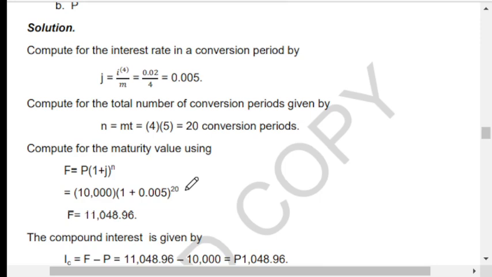So therefore, the answer is 11,048.96. Subtracting the capital of 10,000 from our final or future value, we have a compound interest of 1,048.96.